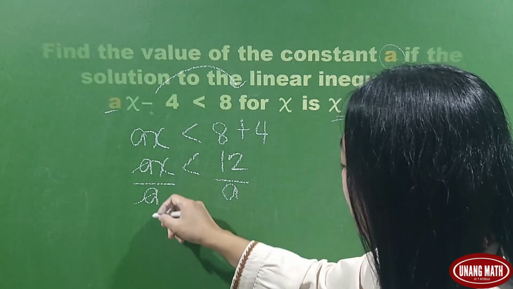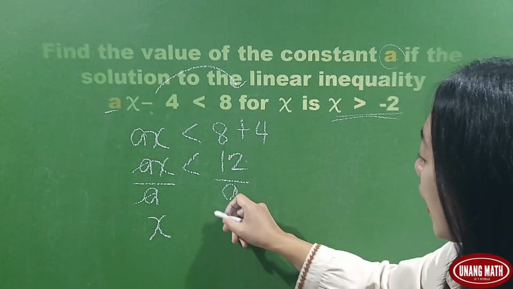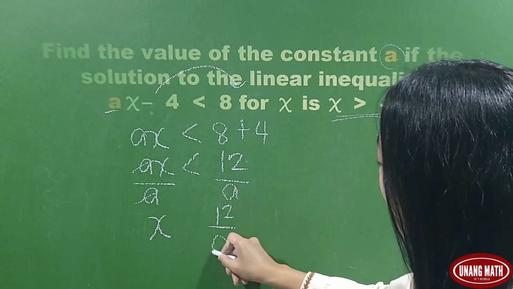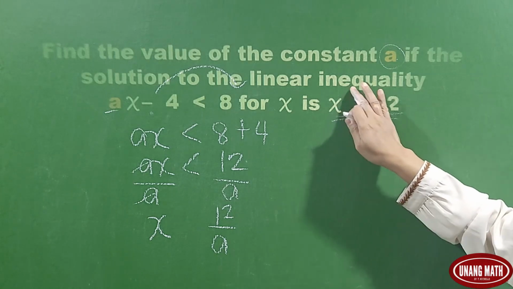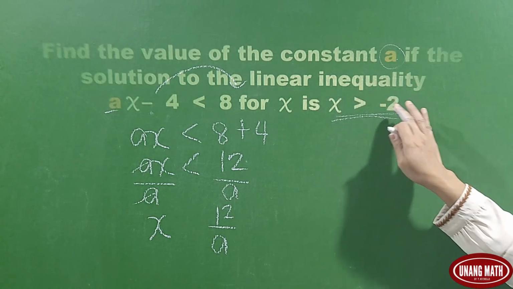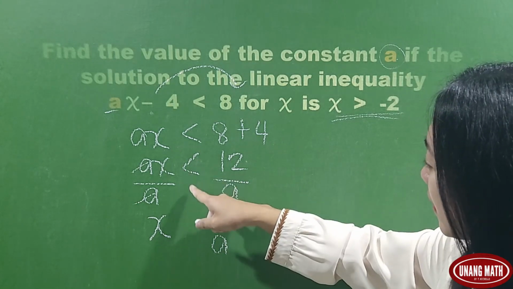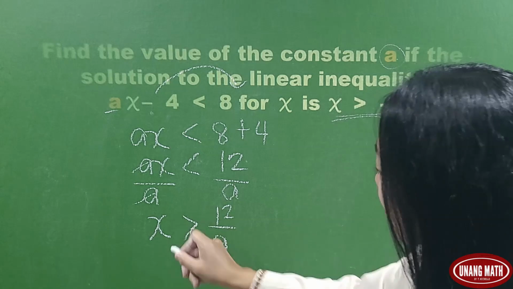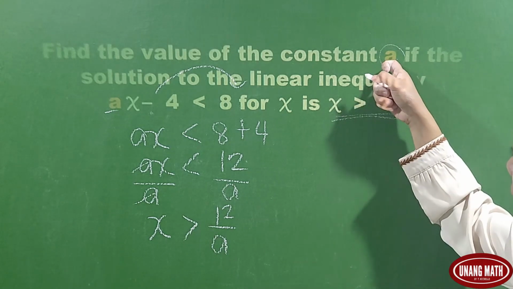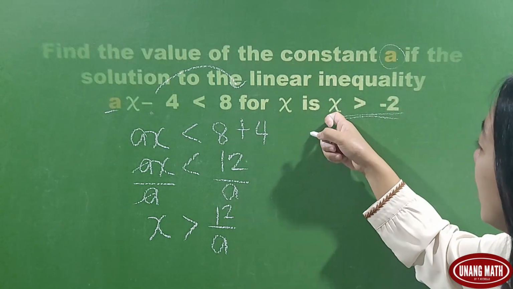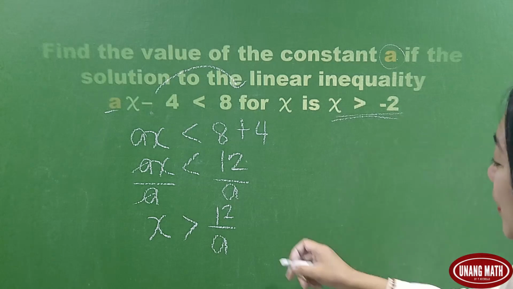And if we simplify, we only have x on the left side and we have 12 over a on the right side. Okay, since x is greater than negative 2, then that means this sign changes to greater than. Okay, what will be the value of a to make x is greater than negative 2?